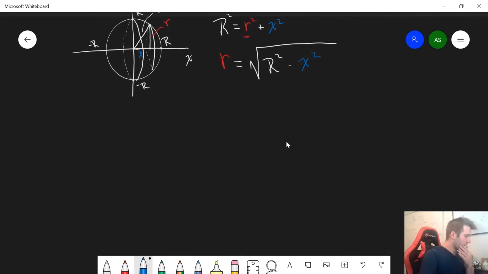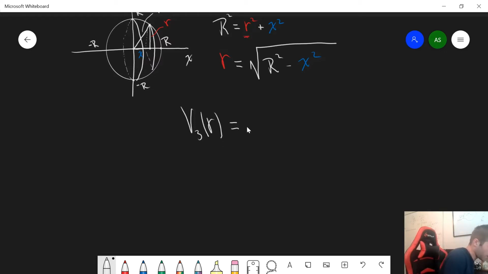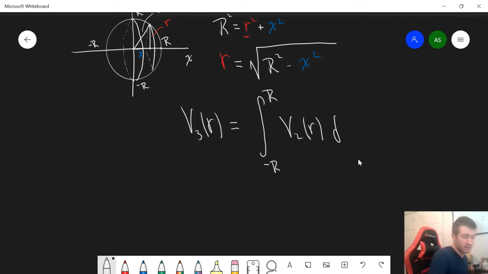Now, we can actually set up our integral now that we have this. So let's do that. So our three-dimensional volume as a function of R is going to be equal to the integral of our volume, our V sub 2, essentially. So we're going to have our integral from negative R to R of V2 as a function of r, and then we are going to be differentiating with respect to x.